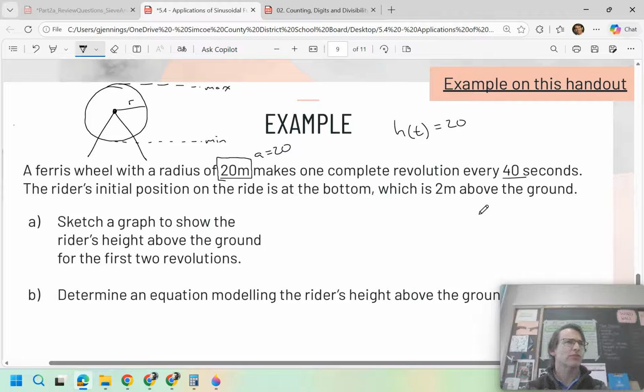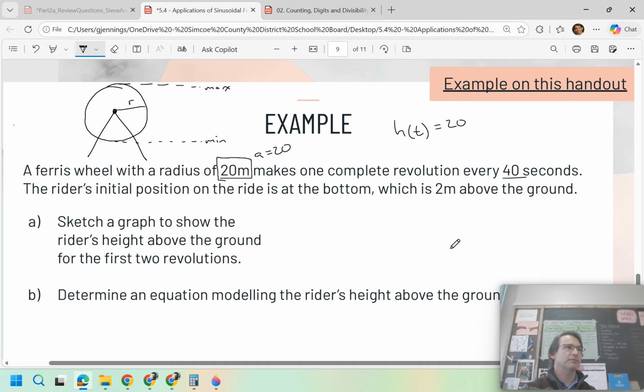What can I do with this 40 seconds business? That is the period. Yeah, this is very straightforwardly the period. But the period doesn't show up in a straightforward way inside our functions, right? We have to do some legerdemain to transform it into some transformation value.